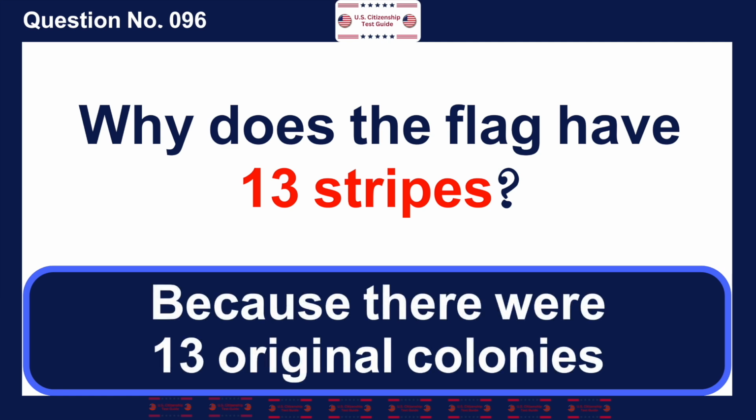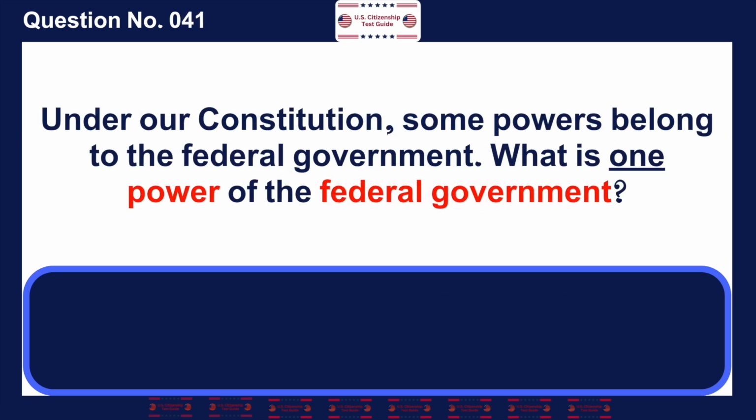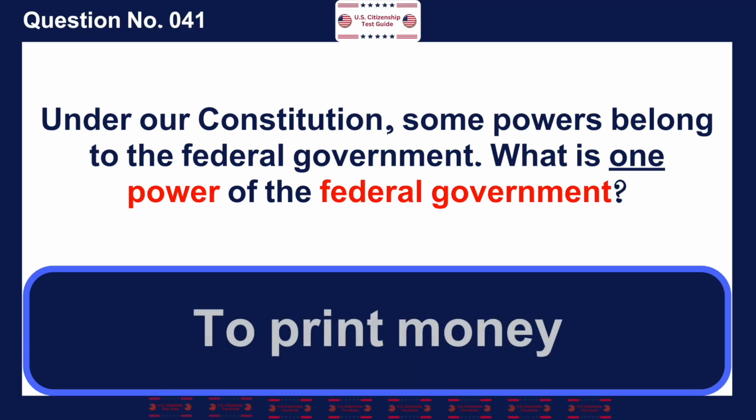Because there were 13 original colonies. Under our Constitution, some powers belong to the federal government. What is one power of the federal government? To print money.